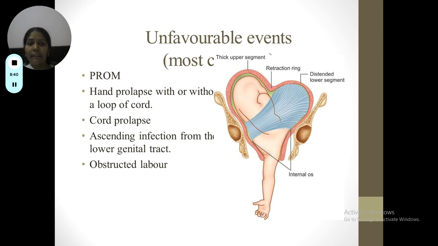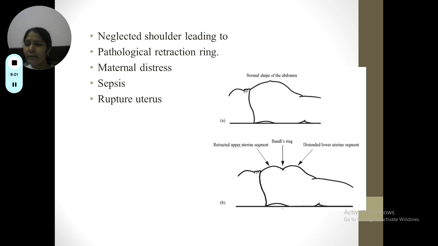Because of the early rupture of membranes there is an increased chance of hand prolapse with or without cord prolapse. And after the rupture, there is always an increased risk of ascending infection from the lower genital tract to the uterus, and an increased risk of chorioamnionitis.